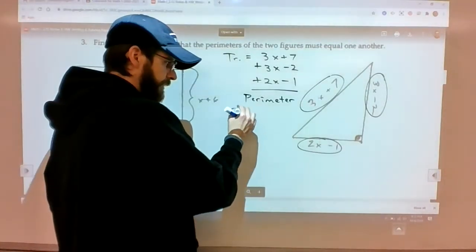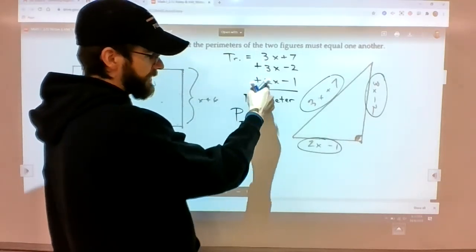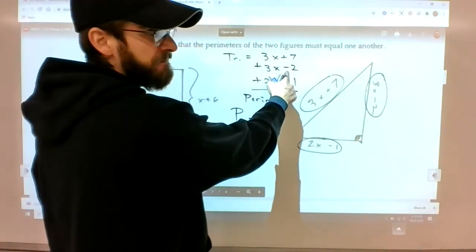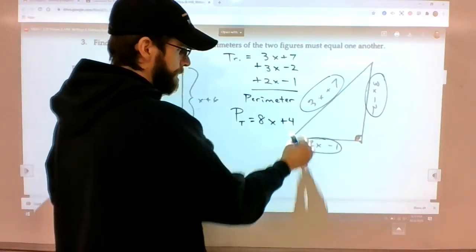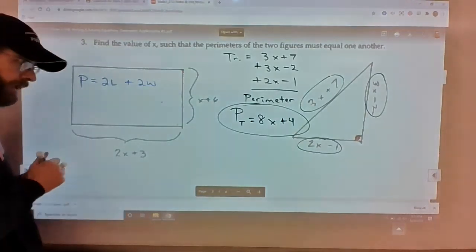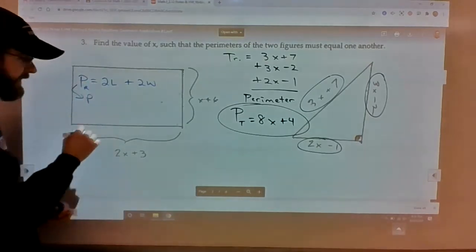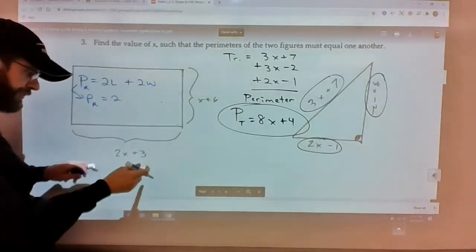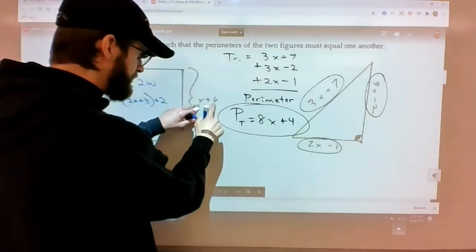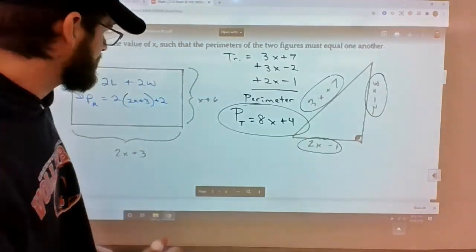So the parameter for the triangle equals 3 plus 3 plus 2x, 8x. And then 7 minus 2, 5, minus 1, positive 4. So there's my parameter of the triangle. My parameter of the rectangle, so I'll do R for rectangle, is 2 times 2x plus 3 plus 2 times w, which is, I'm pretty sure I intended that to be x plus 6.